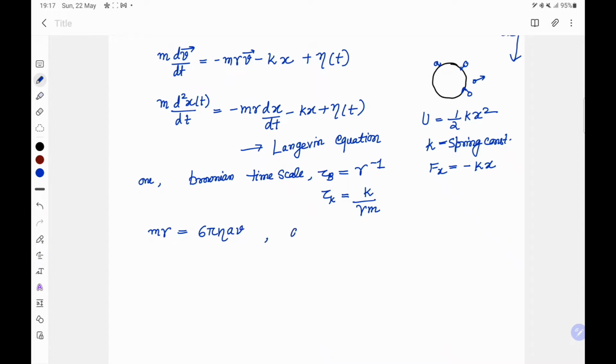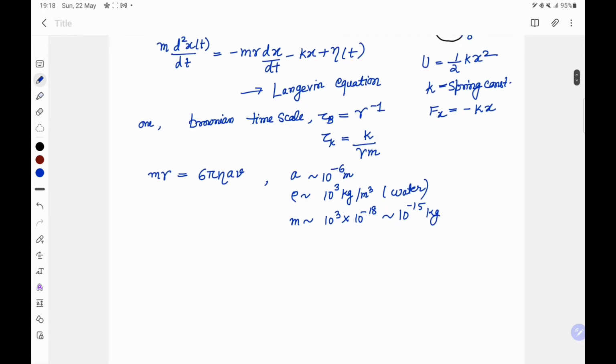If we assume the particle size is micron size, 10 to the power minus 6 meter, and the fluid density is of the order of 10 to the power 3 kg per meter cube for water, then the mass of the particle will be of the order of 10 to the power 3 into a cube, so 10 to the power minus 18, roughly 10 to the power minus 15 kg.